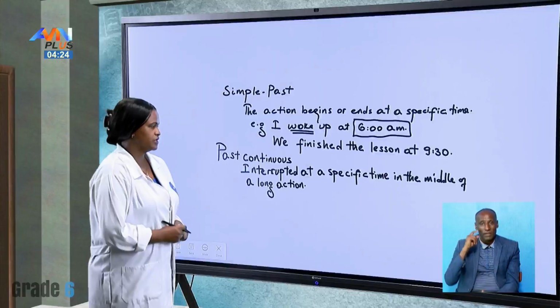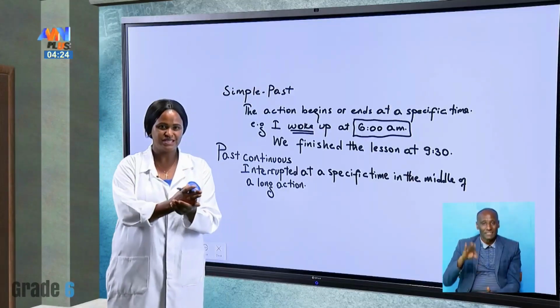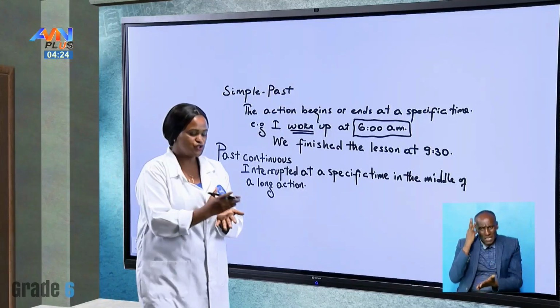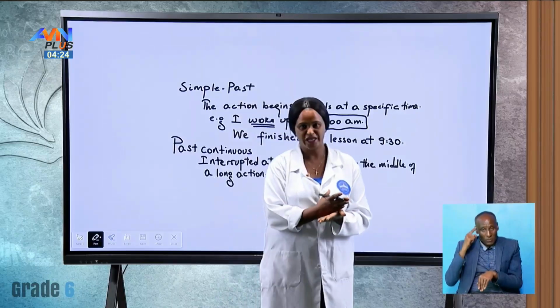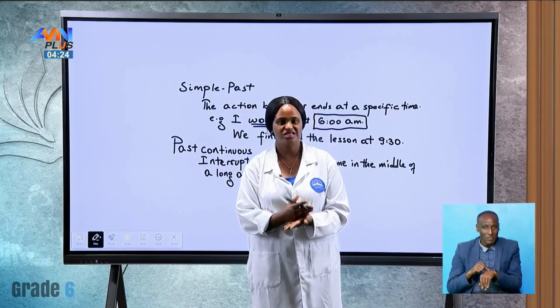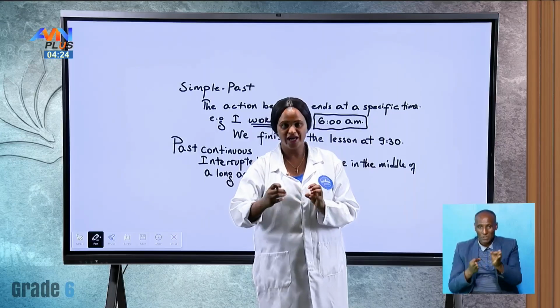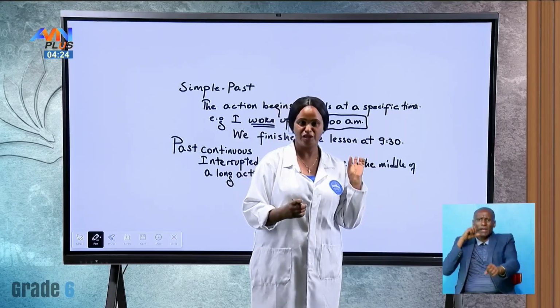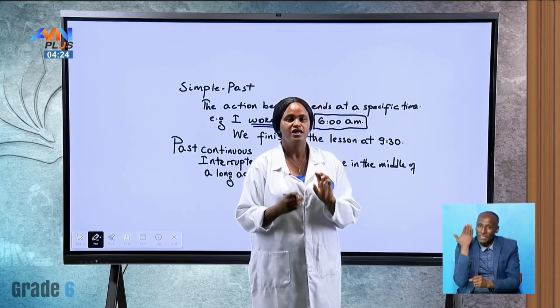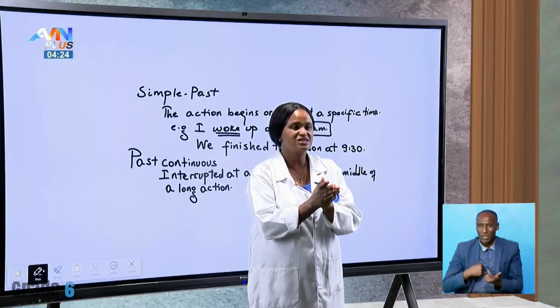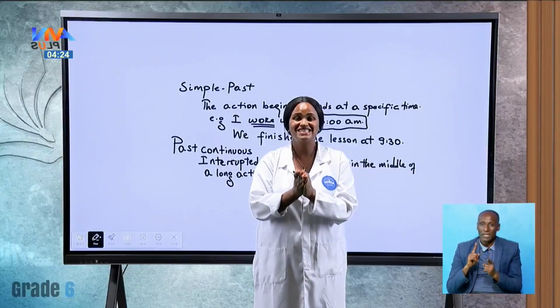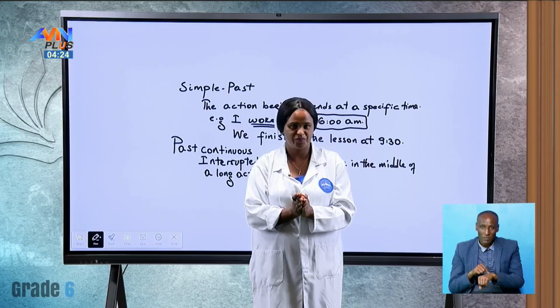Okay? It gets interrupted at a specific time. As you remember last time, what did we say about past continuous? We said that it is an action which can express a longer activity that happened in the past, right? Okay. Now I am only talking about the specific time which interrupted this action.